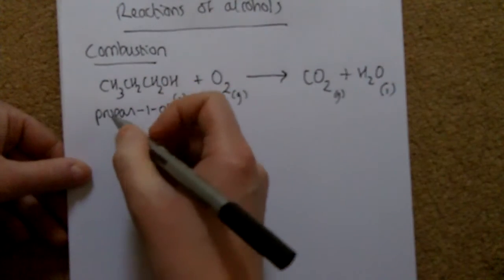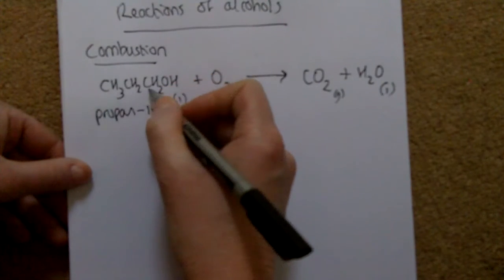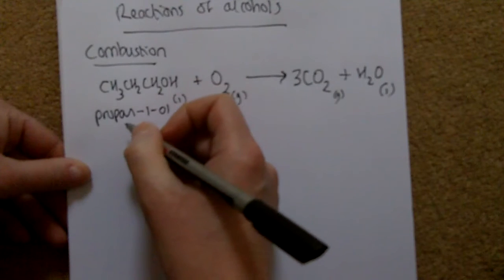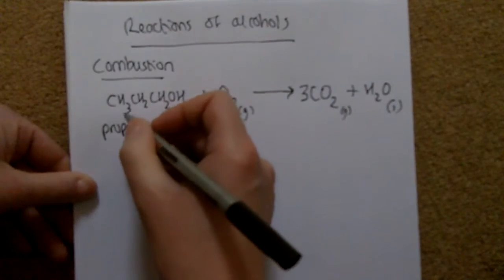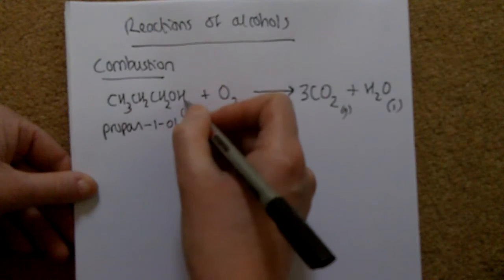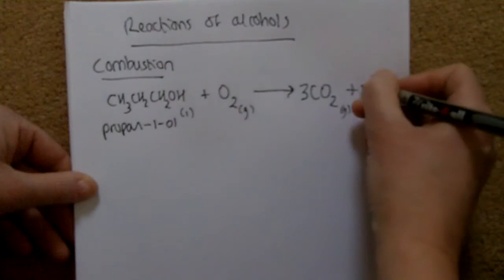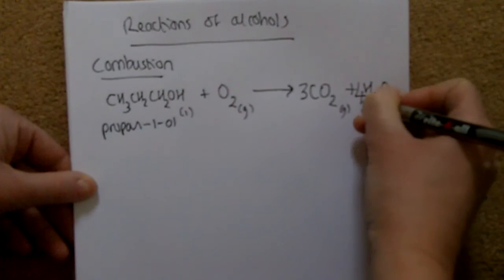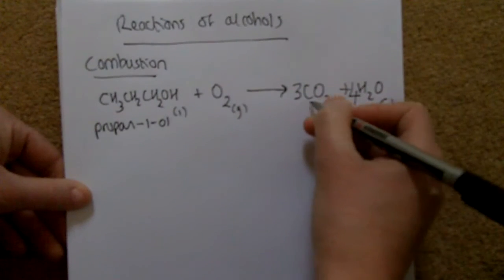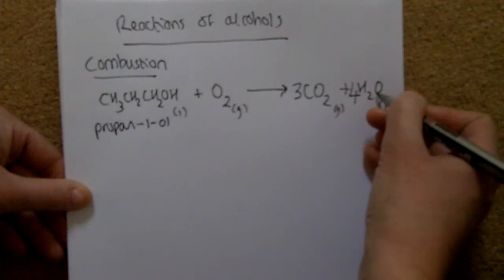Okay, so we balance the carbons first. There are 3 carbons, so we go 3 carbons. We balance the hydrogens next, so there are in total 3, 5, 7, 8 hydrogens, so we need 8 hydrogens there, and then you do the oxygens last. So there are 6 and 4 is 10.